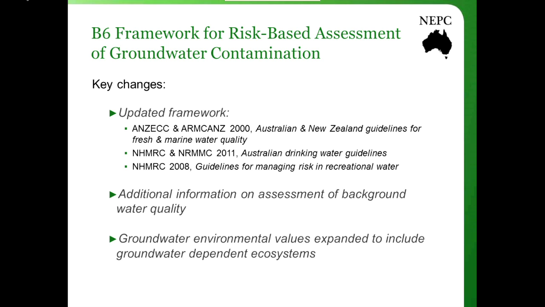In essence, there isn't a lot of difference in the new B6 from the original, with the exception that it picks up the updated ANZAC guidelines, the latest Australian drinking water guidelines, and also the guidelines for managing risk in recreational waters, which has criteria for recreational water and also some aesthetic considerations, which has updated ANZAC 2000.